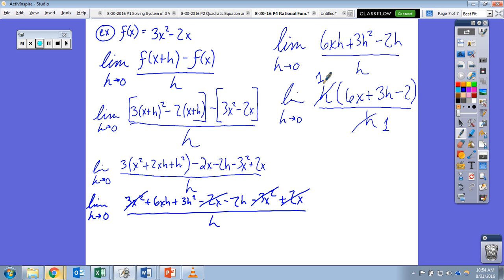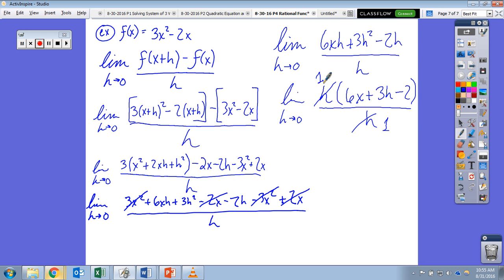I don't want to get confusing, but h can't be 0, and we don't care. We only care what the value is of this as h approaches 0. This is why that approaching concept is so important. You're allowed to do this when you're evaluating limits. If you have removable discontinuities, I can now just plug in 0 for h.